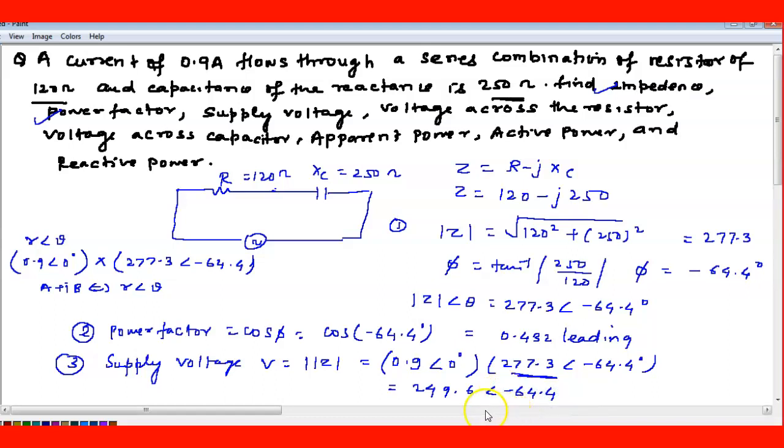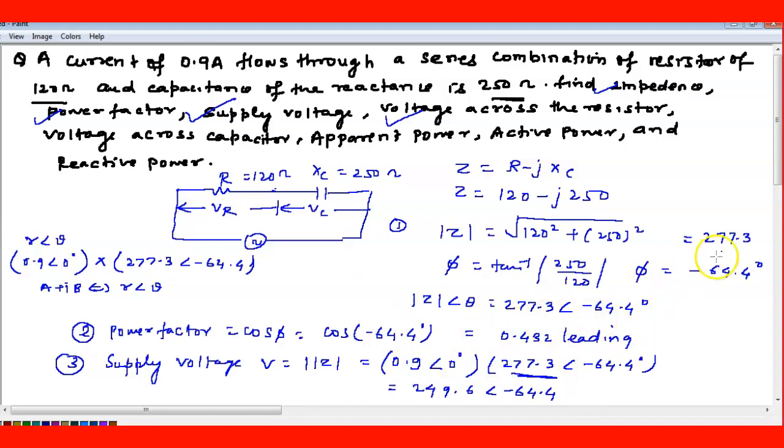No doubt till here? This one you can find in the calculator, right? Next, we have to find the voltage across the resistor. Consider the voltage across the resistor is VR, and across the capacitor is VC.